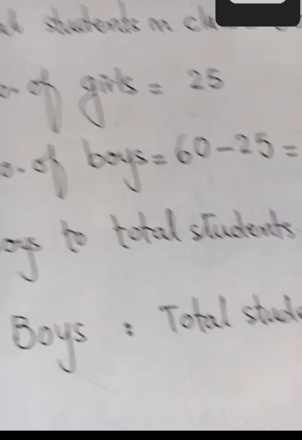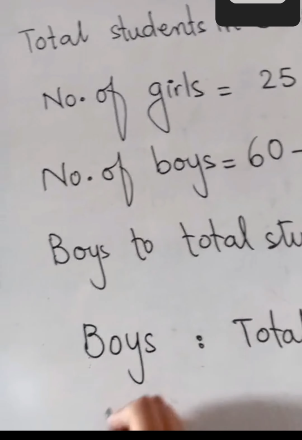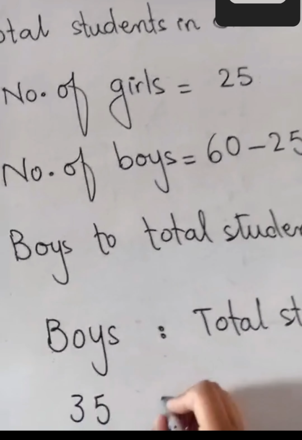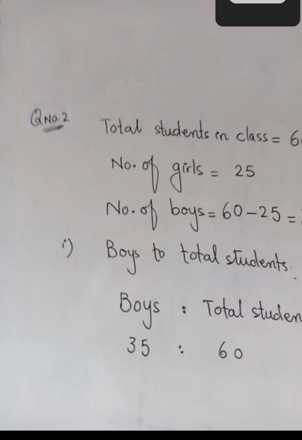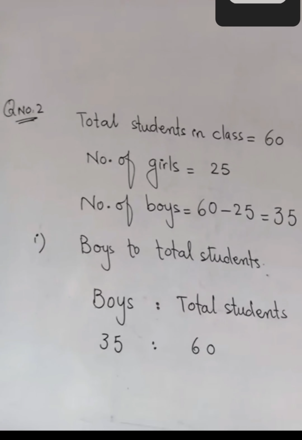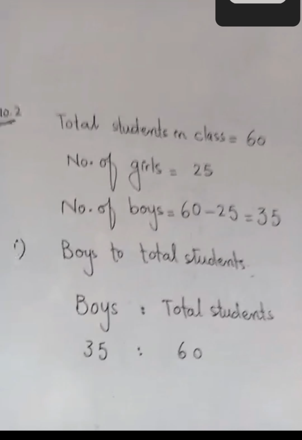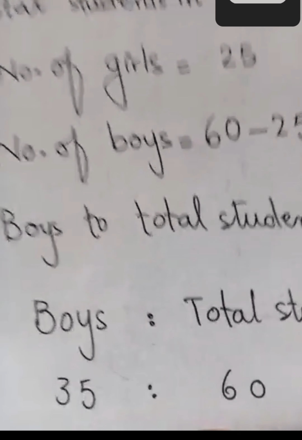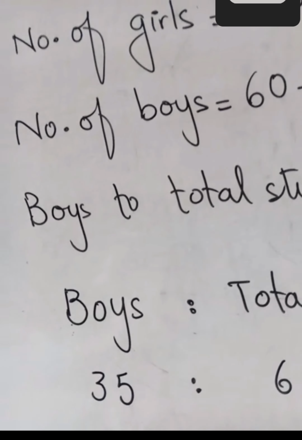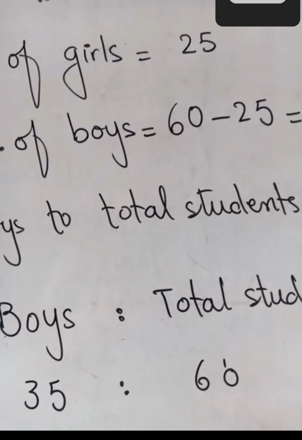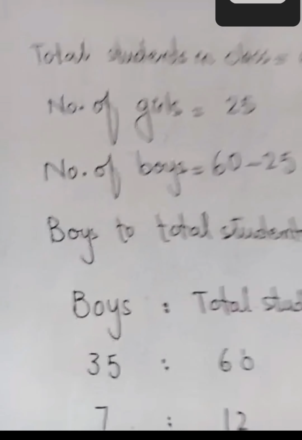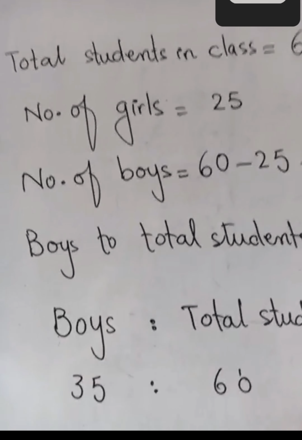Number of boys is 35, ratio number of total students is 60. What will be the ratio? Ratio means cancellation property of multiplication simply. Can we cut them by 5? Yes. 5 sevens are 35, 5 twelves are 60. 7 ratio 12 is your simple answer.